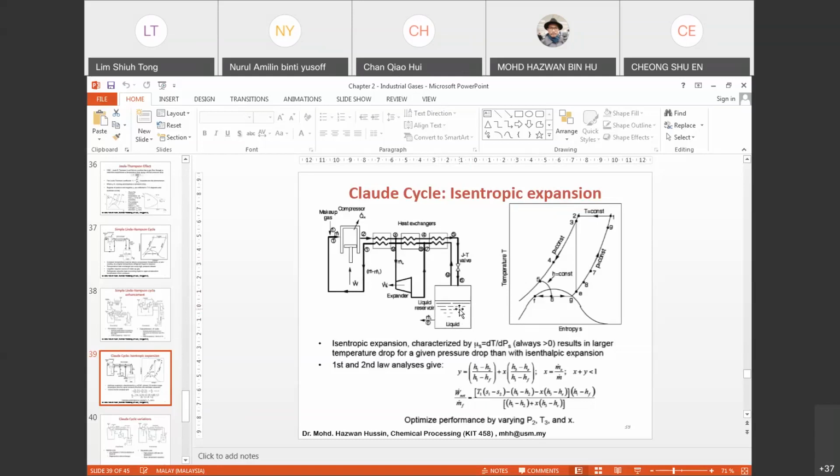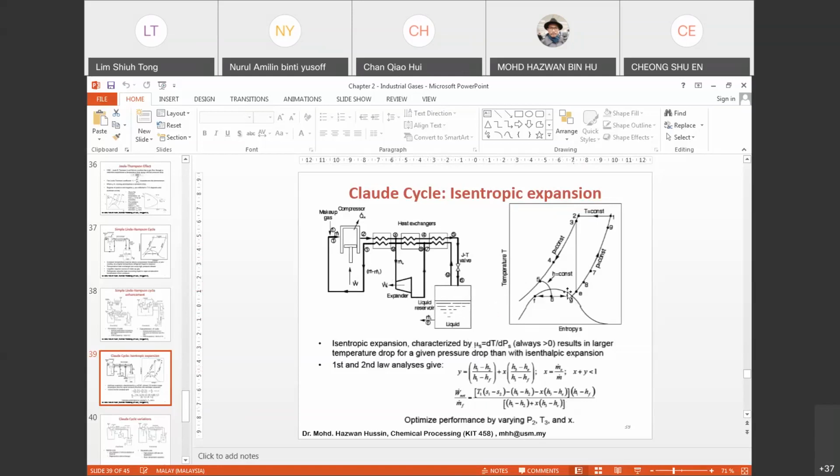So you will see an increment of entropy. Then when it is recycled back, it goes to the expander, because most of the gas over here is compressed, so it will expand back and go back into the makeup gas.